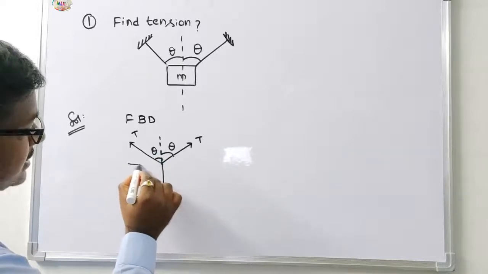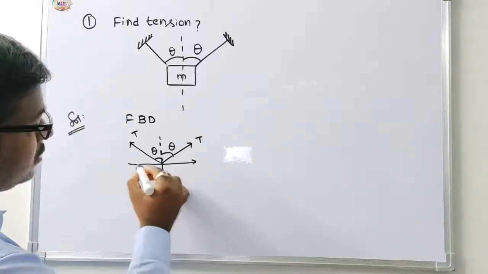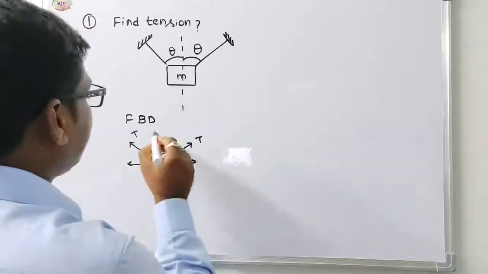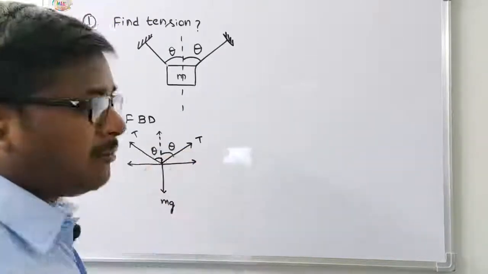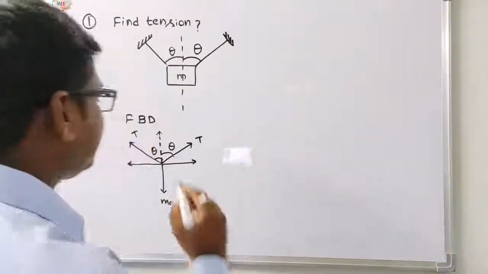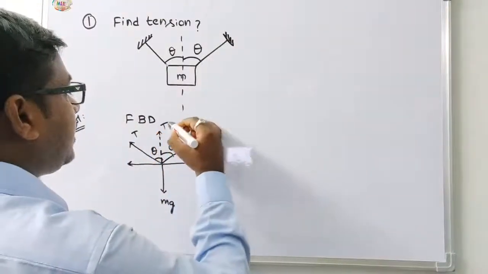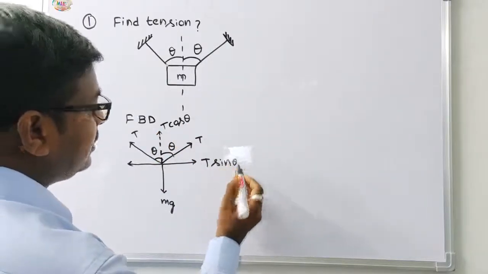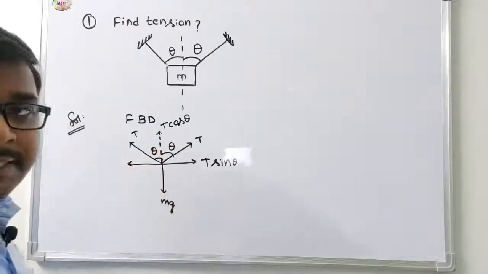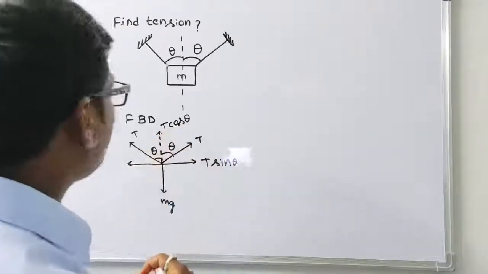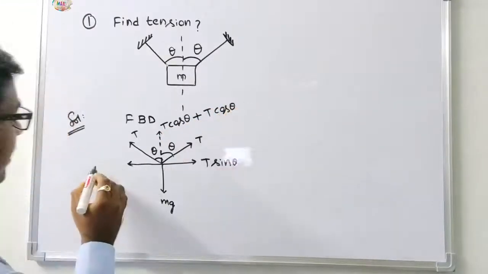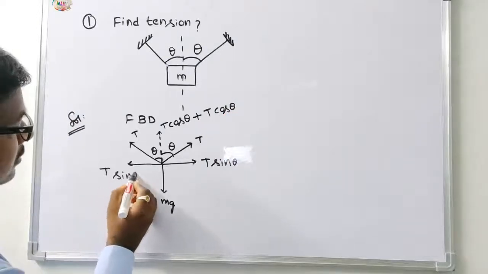Theta is resolving into two components, a vertical component and a horizontal component. The horizontal component is T cos theta and the vertical component is T sin theta. Again, the other angle, the same theta, resolves into the same two components. Horizontal component is T cos theta and vertical component is T sin theta.